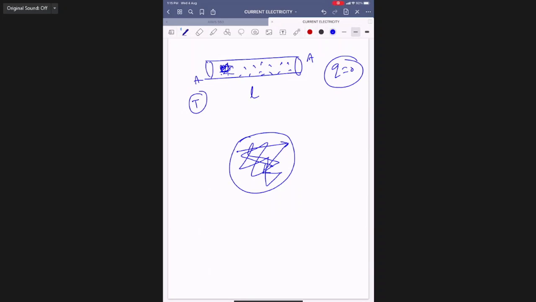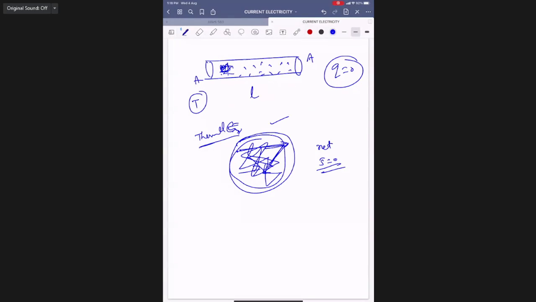Even though it has some thermal energy, due to collisions it loses energy, and sometimes it is opposed, sometimes pushed forward. So the net motion of the electron, even though it has some speed due to thermal motion, the net displacement will become how much? Zero.